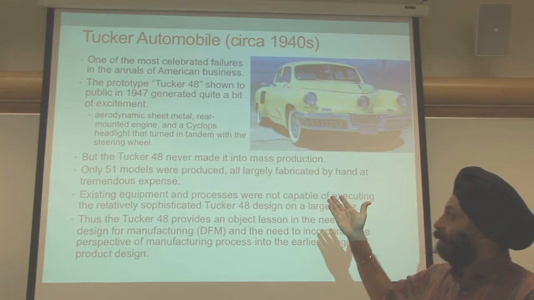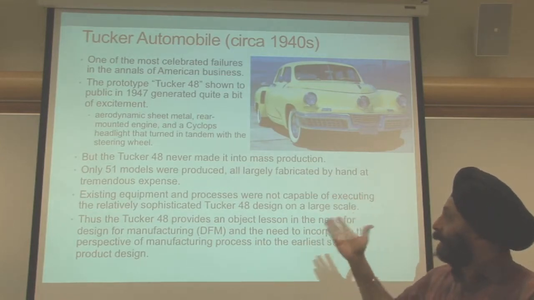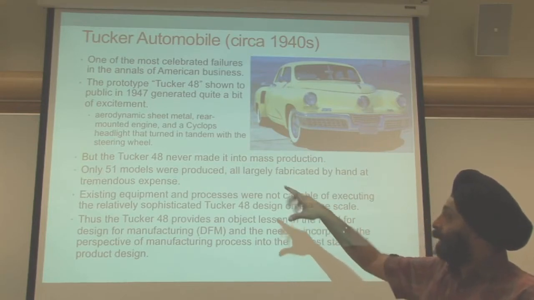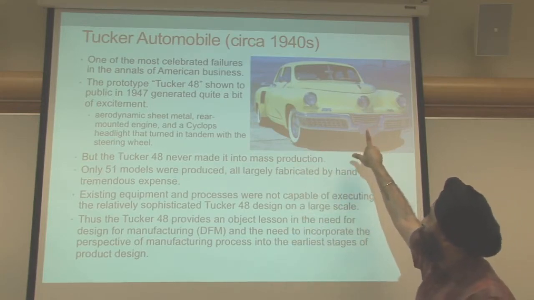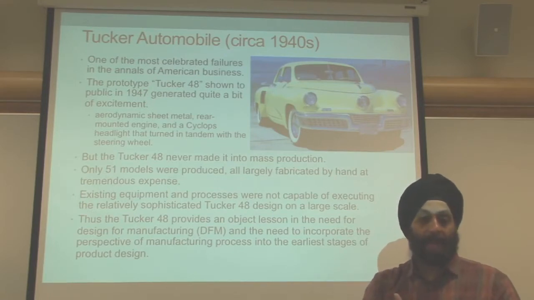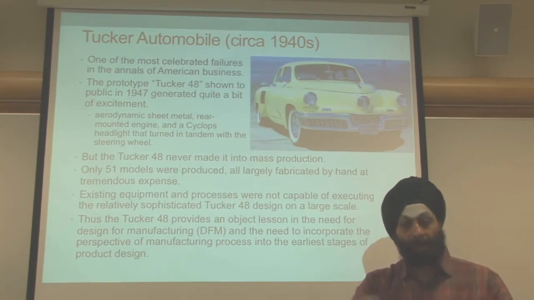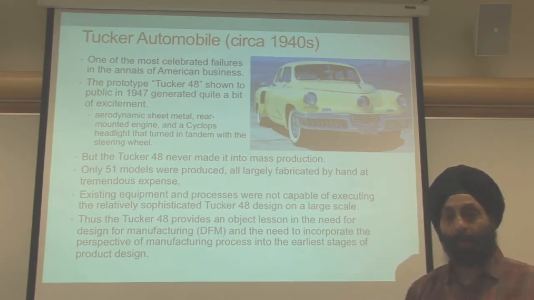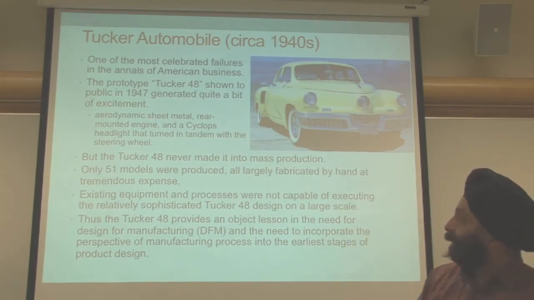Aerodynamic sheet metal, rear-mounted engine, Cyclops headlight right in the middle, so there are three different headlights. And this headlight moved in tandem. It would face the same direction as the steering wheel. If the steering wheel were turned to the left, the headlight would also veer towards the left.